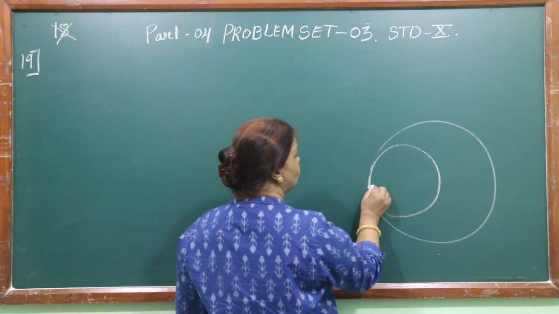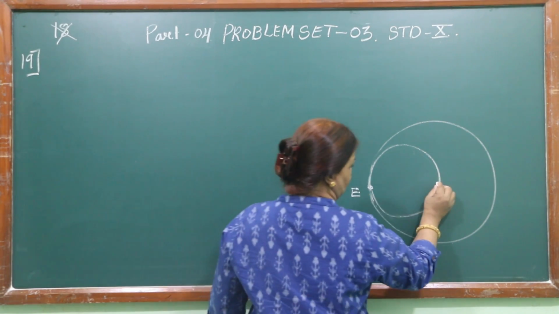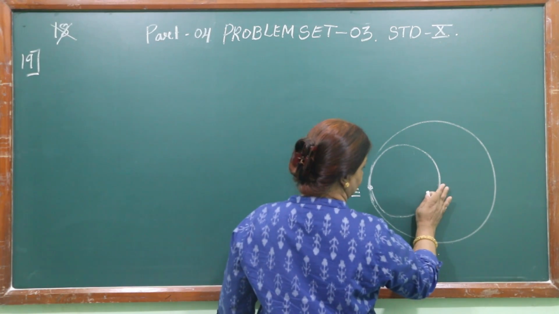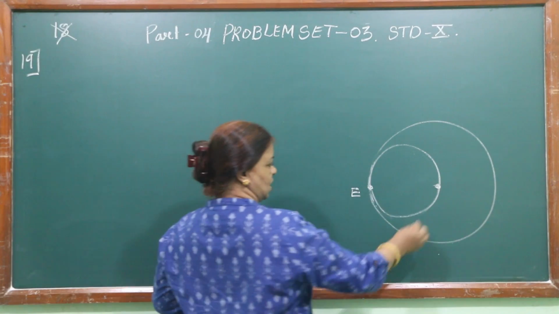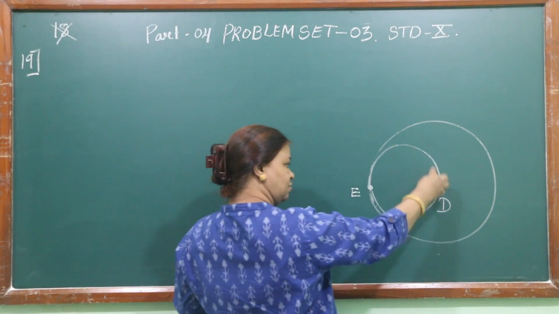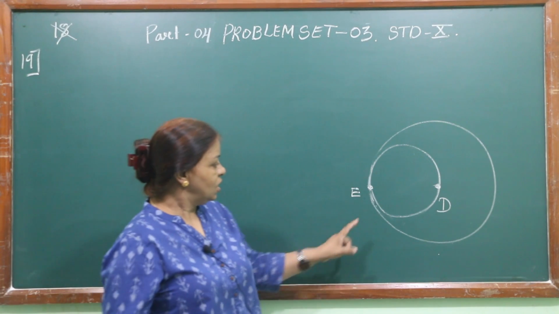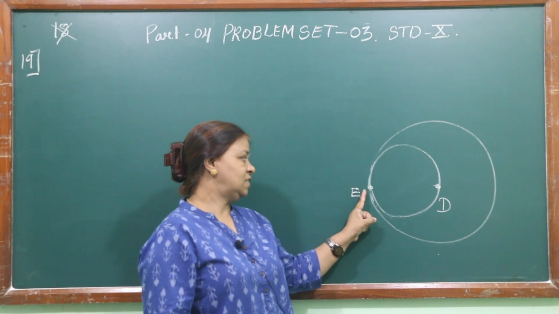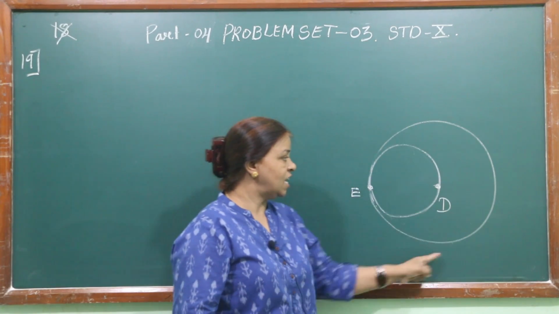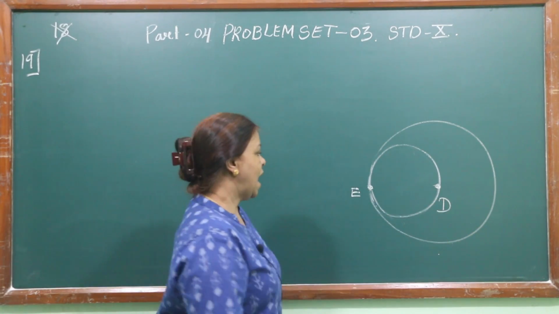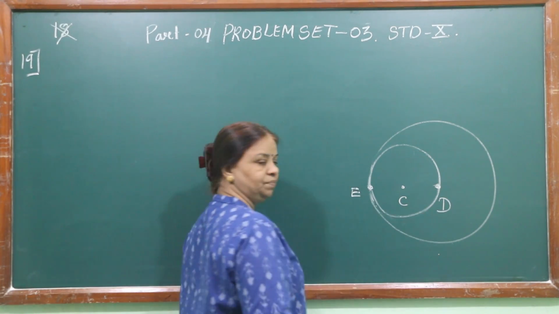The large and the smaller circle touch each other at the point E, and D is the center of the large circle, and the smaller circle passes through the center of the large circle D. See here, children, smaller circle touches the bigger circle at the point E. D is the center of the large circle, and C is the center of the smaller circle.